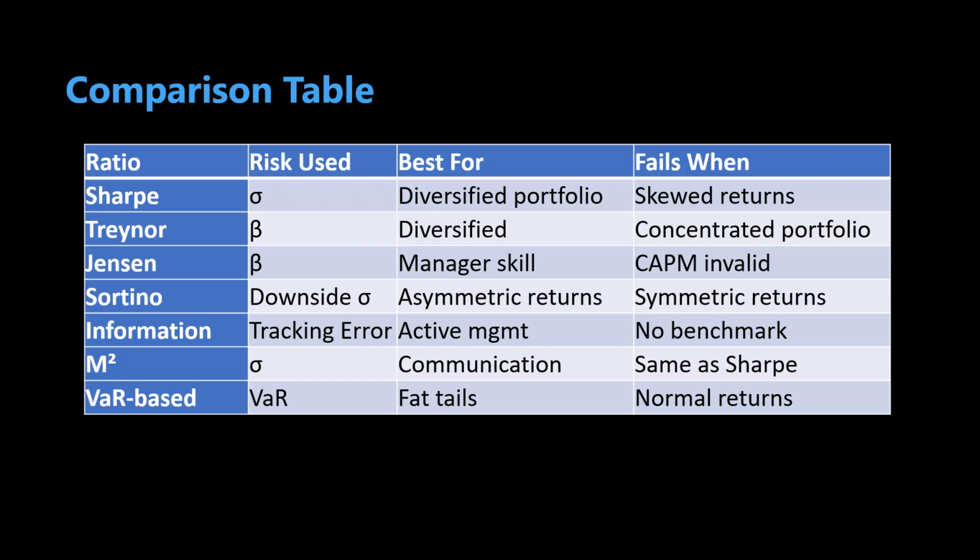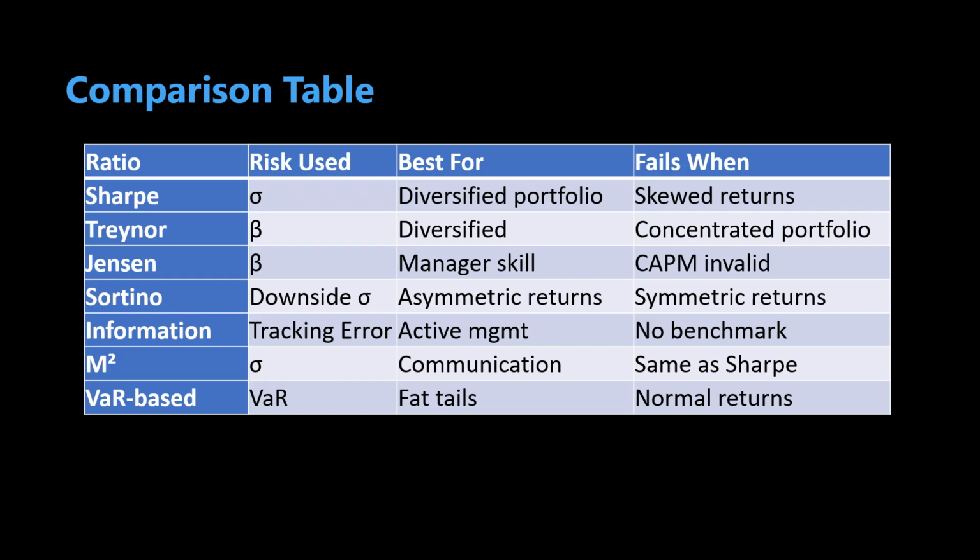The Sortino ratio uses downside deviation and excels with asymmetric or hedge fund style returns. The information ratio uses tracking error and is purpose-built for active manager evaluation against a benchmark. M-squared uses total standard deviation like Sharpe, but presents the result as an intuitive return percentage. And finally, VaR-based ratios are the correct tool when fat tails or tail risk are present.